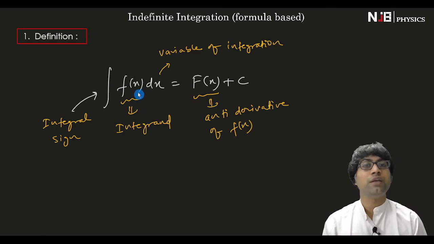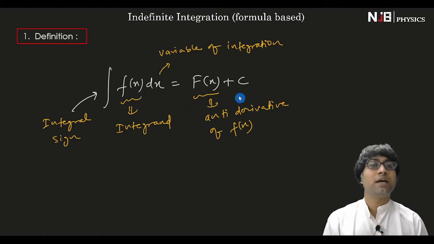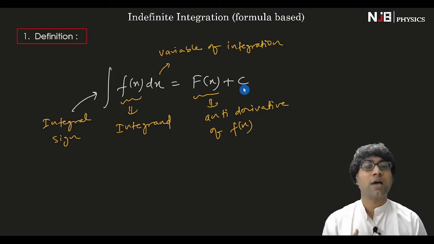However, if we integrate a function, then we get a set of functions as its antiderivative, and all such functions are going to differ by a constant c, and that's why we have this constant over here. And this integration, where we do not know what the constant is going to be, is called indefinite integration.